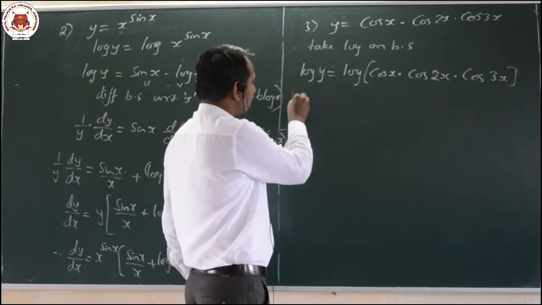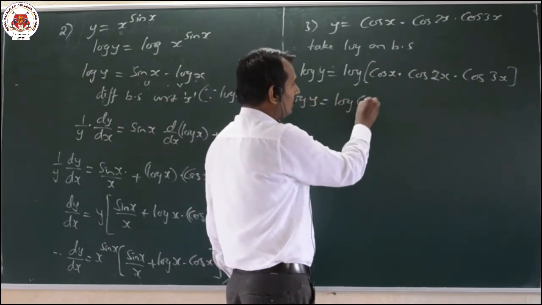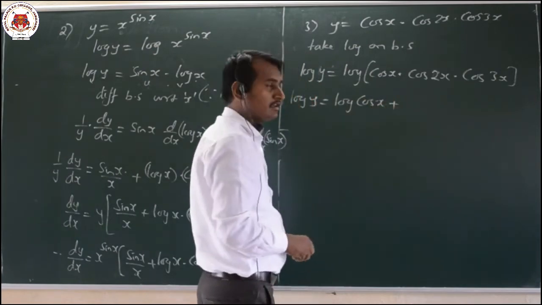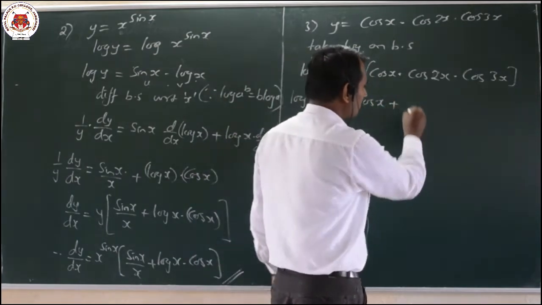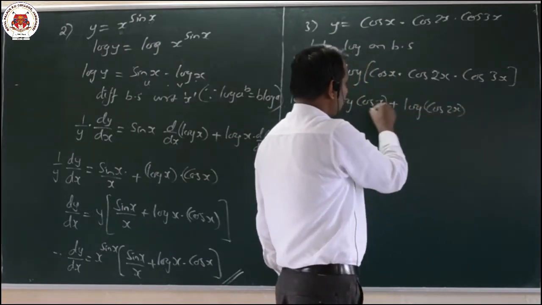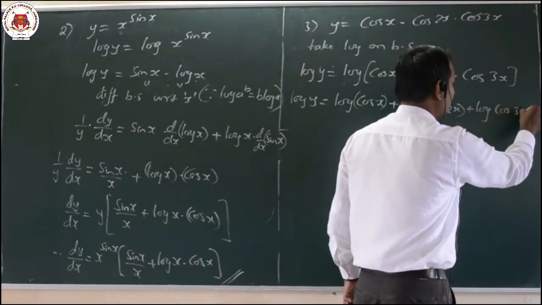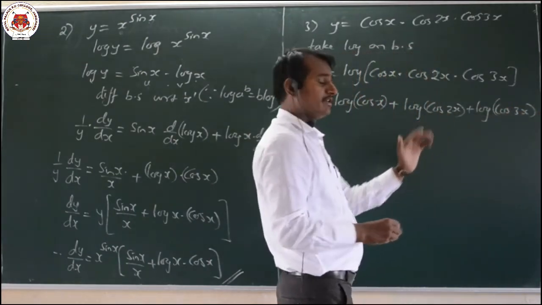So log y is equal to log of cos x plus log of cos 2x plus log of cos 3x. Which formula have I made use of here?